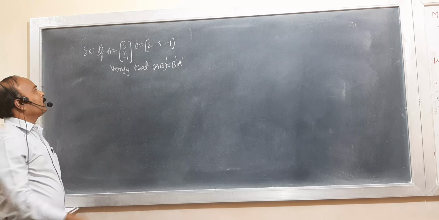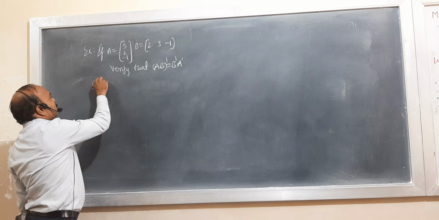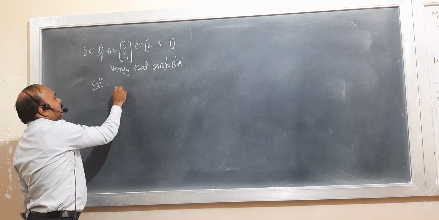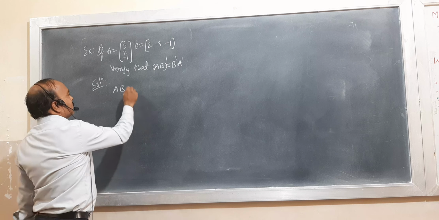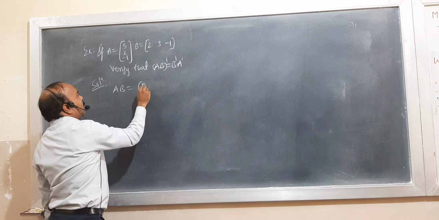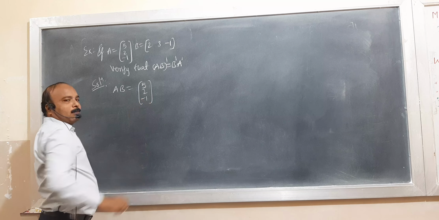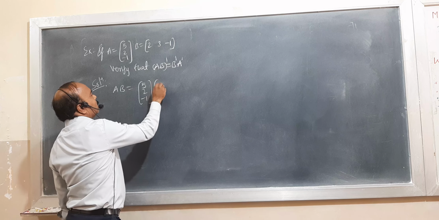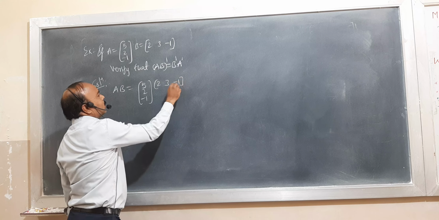Now first go for the left hand side, that is AB, is given by 5, 2, minus 1 into 2, 3, minus 1.